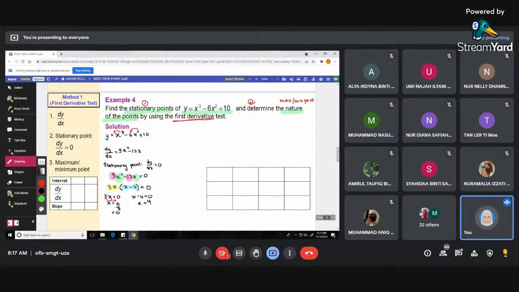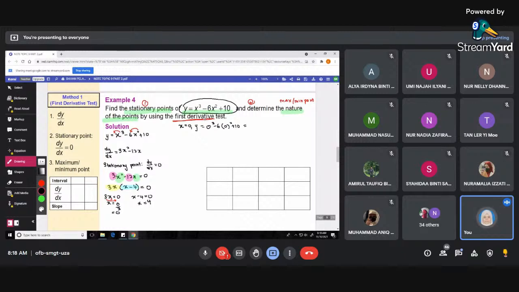Kita nak cari apa after this? What's the next step? Stationary point. Y. So maksud dia, bila x equal to 0, y equal to apa? Substitute in original, because we want to find the coordinate, right? So 0 cube minus 6 times 0 square plus 10.